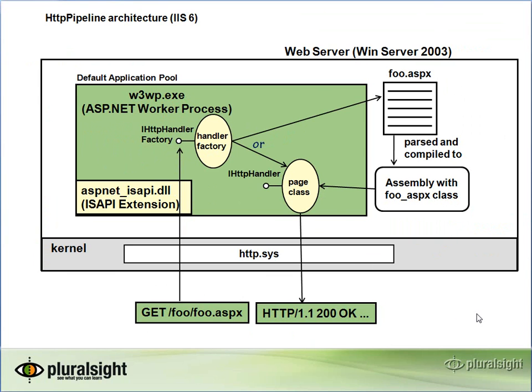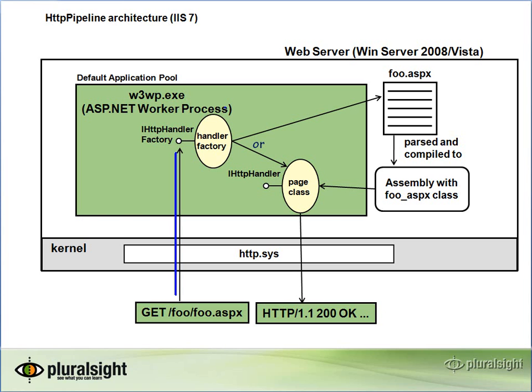And then the only difference in IIS7 is that we no longer have the need for the ISAPI DLL, because ASP.NET is again a first-class citizen here. So when a request comes in through the kernel level HTTP listener onto the worker process, it actually will just go directly to the page handler factory, the object that implements the IHttpHandlerFactory interface, and that will dispatch the request onto the endpoint.